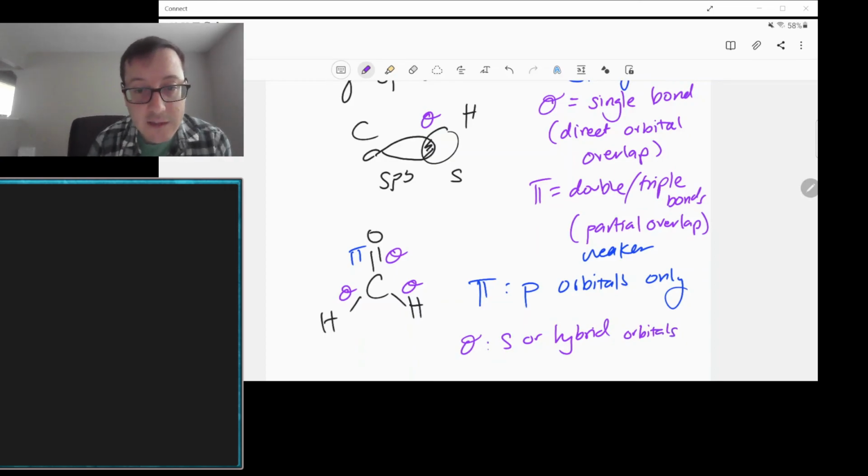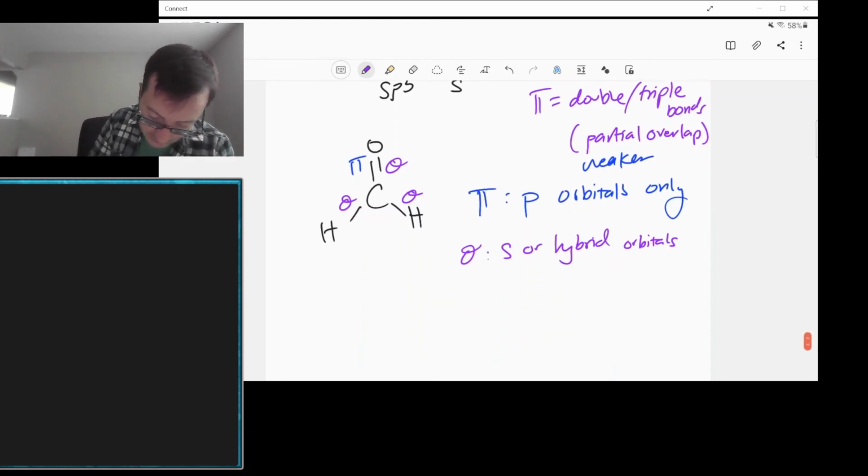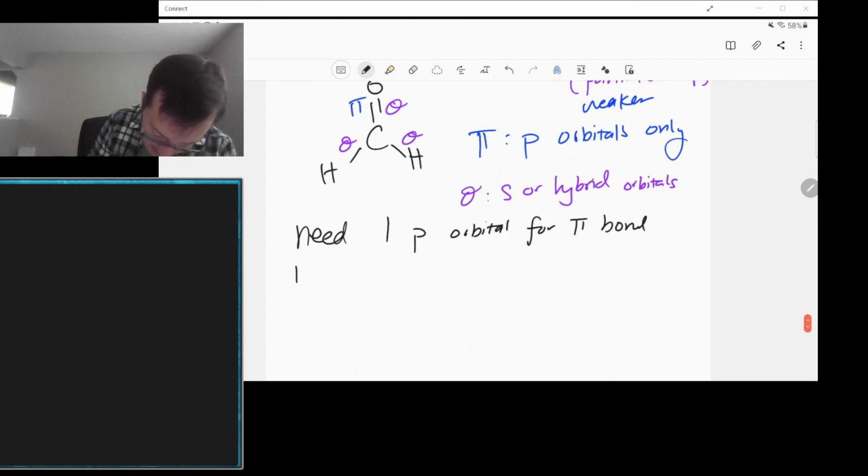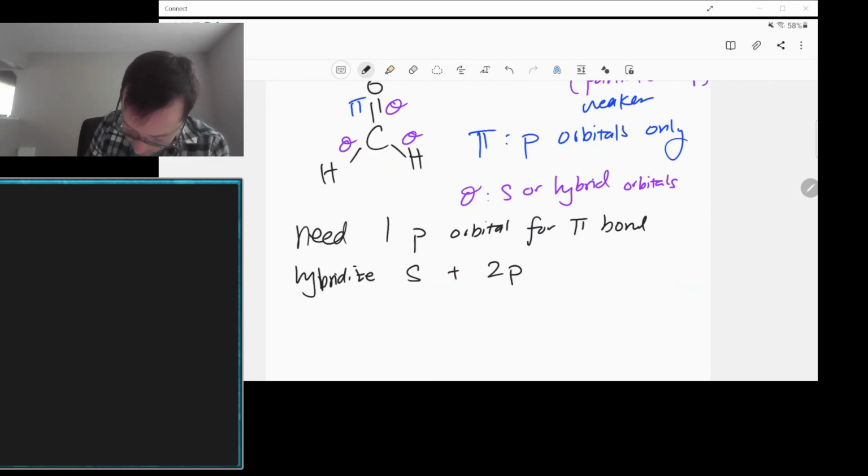And so we can see here we need 1 p orbital left on carbon to make that pi bond, but we also have to make 3 single bonds. So in this case, we're only going to hybridize 2 of the p orbitals. So we need 1 p orbital left, and so we're going to hybridize the s orbital and 2 p orbitals.